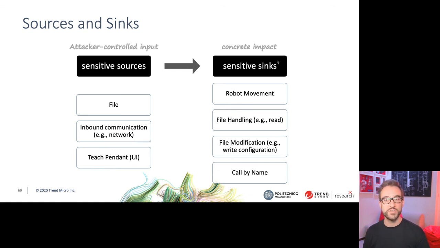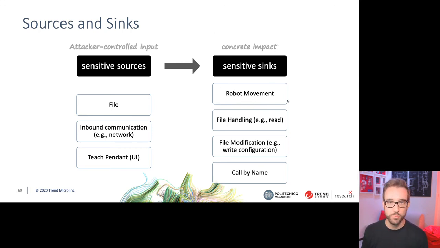Whereas sensitive sinks are all of those functions that somehow allow access to the resources. So they are all of those functions that determine if an attacker can have impact on the system.